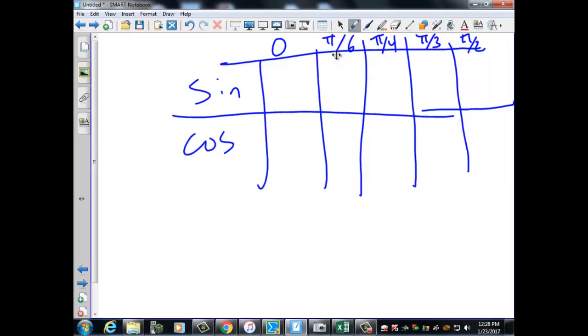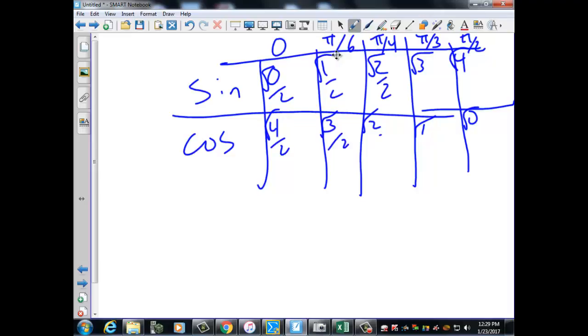This is 6. Okay. 0, 1, 2, 3, 4. 0, 1, 2, 3, 4. Square roots are across the board. Divide by 2 on all of them. Some of you looked at that divide by check mark. That's 2.